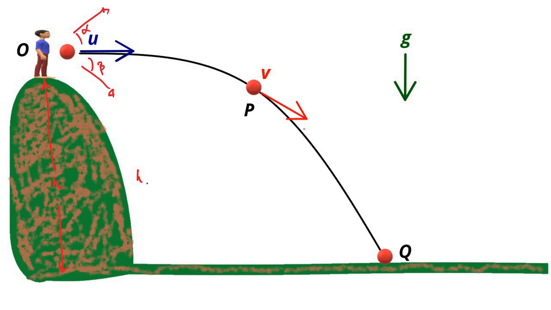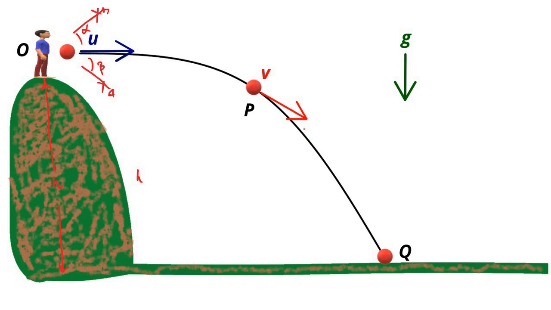Only in the straight horizontal direction is the object projected with initial velocity u. So it takes this trajectory, this path, starting from O, passing an intermediate point P, and then finally reaching Q.